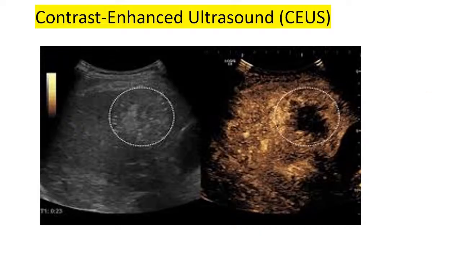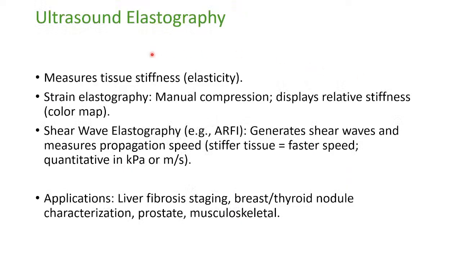So also we've got this application which is called ultrasound elastography. So it measures tissue stiffness, elasticity. So we are saying that different tissues have got different stiffness because of their densities. So this technology is used especially in those soft tissues which are mostly homogeneous. Let's take for instance the breast tissue, which we say is almost homogeneous.